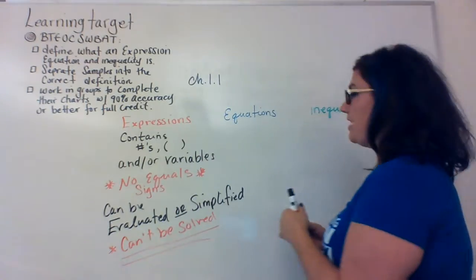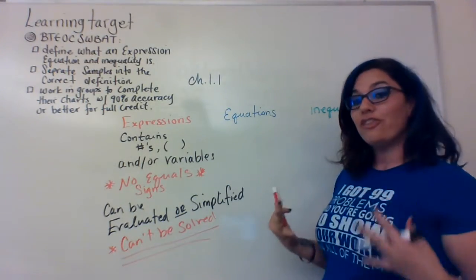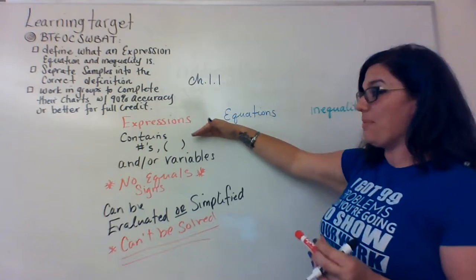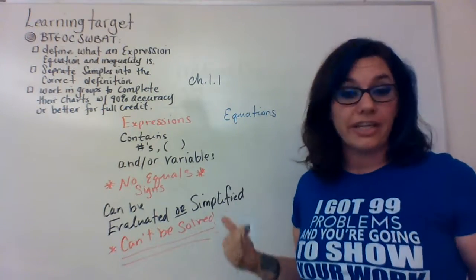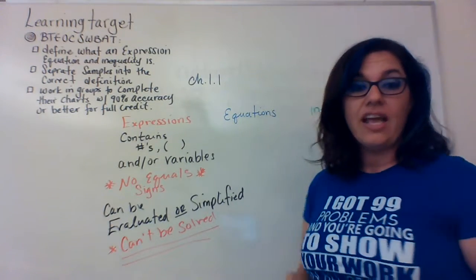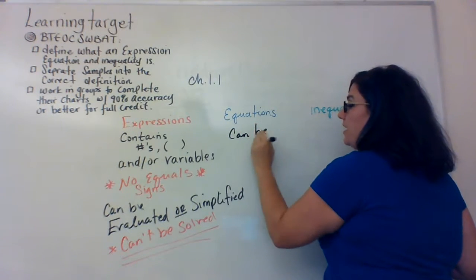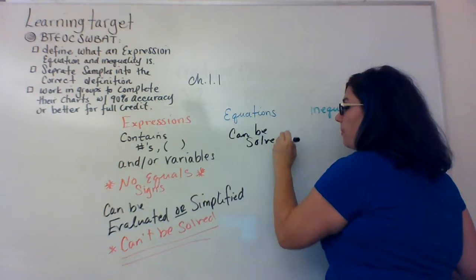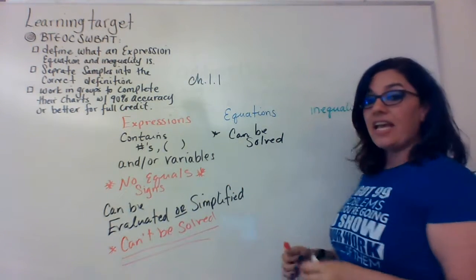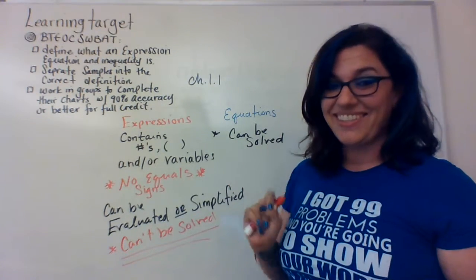So when it comes to the definition of an equation, our first go for is that it contains numbers and parentheses and/or variables. That is an equation, but it can be solved. That's first and foremost. It also contains an equal sign.